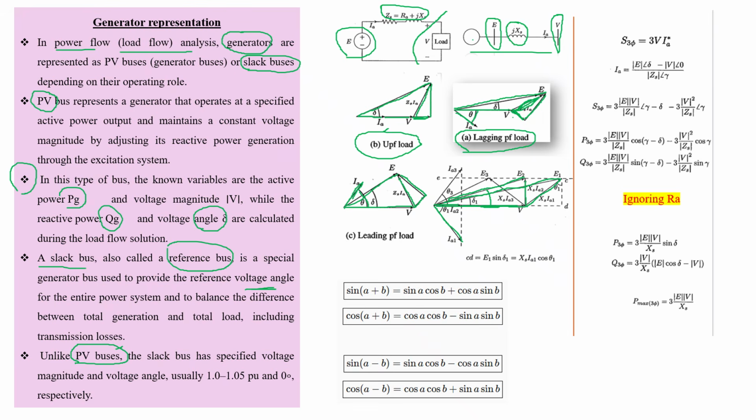So we have internal voltage E1 for lagging power factor, E2 for unity power factor, and E3 for leading power factor, like we have the terminal voltage. This IA3 is the leading power factor current.